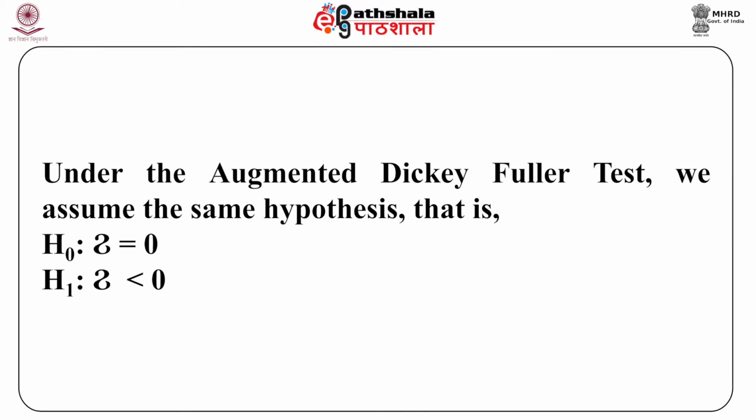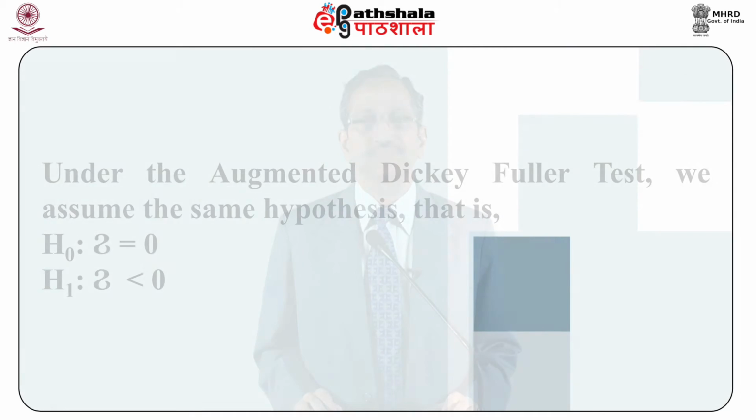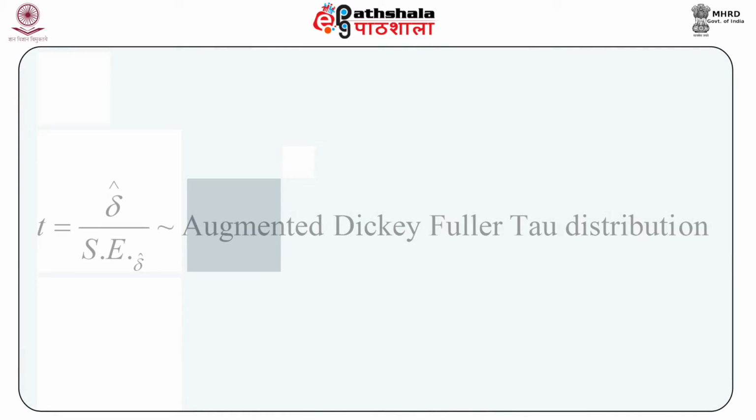Under the Augmented Dickey-Fuller test, also known as the Augmented DF test, we assume the same hypothesis as mentioned earlier, which is that H naught is that delta is equal to 0 and H1 is that delta is less than 0. We again use the following formula to estimate the calculated value, which is that t is equal to delta hat upon standard error of delta hat.